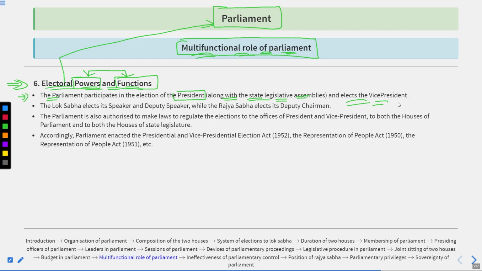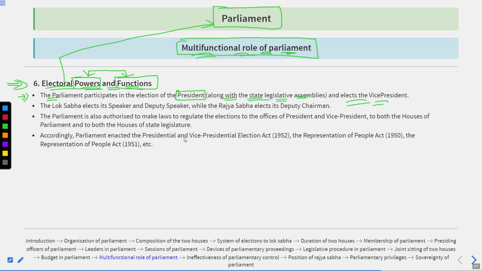Now the second question from the same thing: another important provision we brought from the same Constitution of Ireland that emphasizes the social and economic democracy of the country. What was that provision?